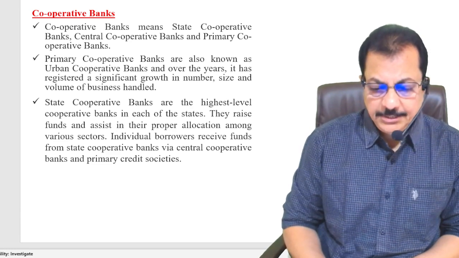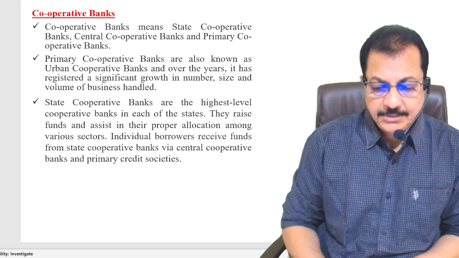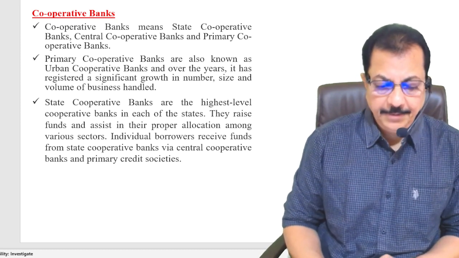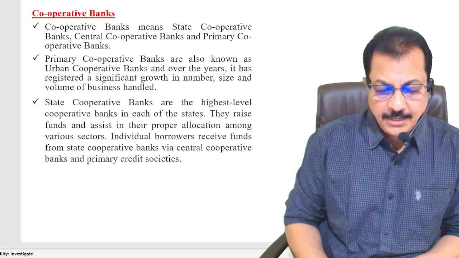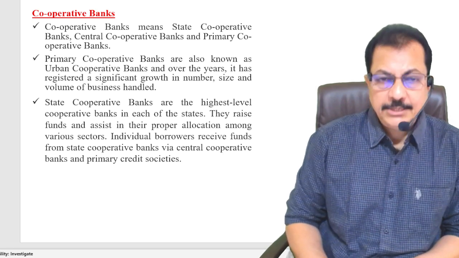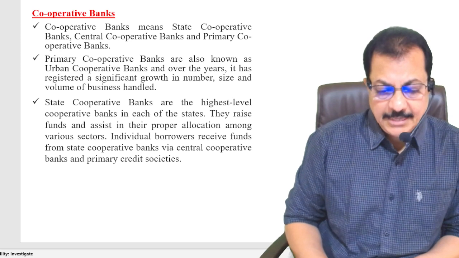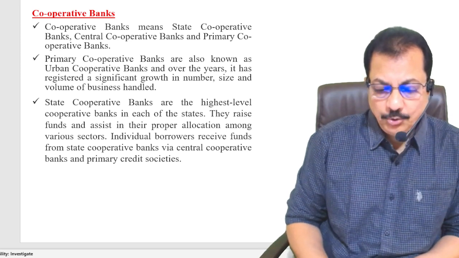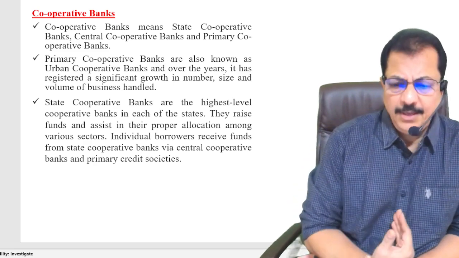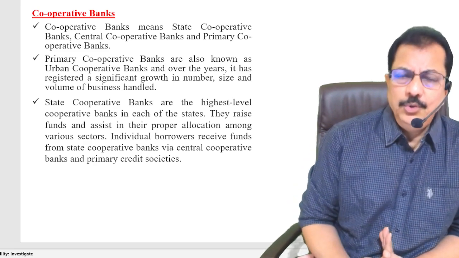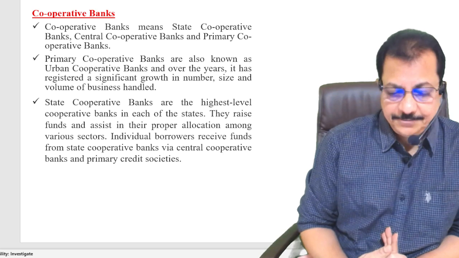Cooperative banks means state cooperative banks, central and primary. Look at this. Primary cooperative banks are also known as the urban cooperative banks. Over the years, it has registered a significant growth in number, size and volume of business handled. That is the reason why wherever you go, you can see the cooperative banks.